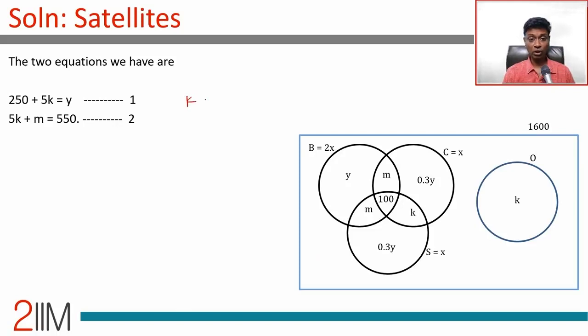Obviously, solving for K and M and Y is not possible. And we know we have only two equations, that the number of elements in B is twice number of elements in C, and the total is 1600. We don't have anything else. And so we can write this maybe differently. We can say 5K is Y minus 250 plus M equals 550, or Y plus M equals 800.